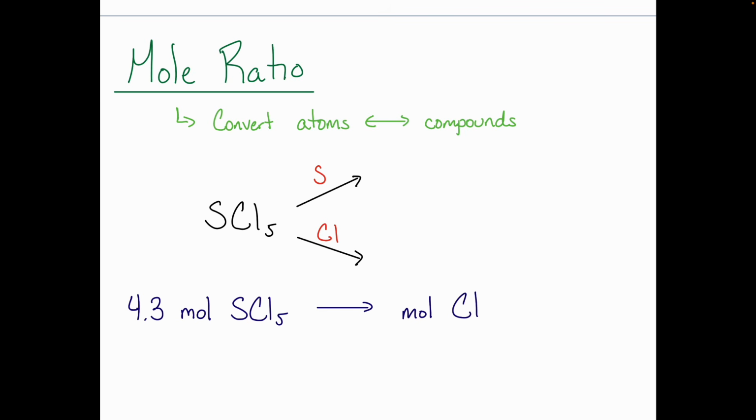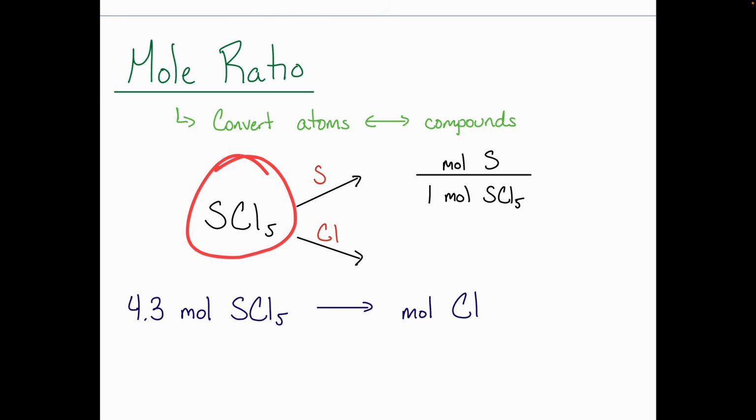All right, so according to my chemical formula here, if I have 1 mole of sulfur pentachloride, how many moles of sulfur would there be? I have 1 mole of this, 6.0221 times 10 to the 23 of these molecules. How many sulfurs do I have? I have 1 mole. And where does that 1 come from?